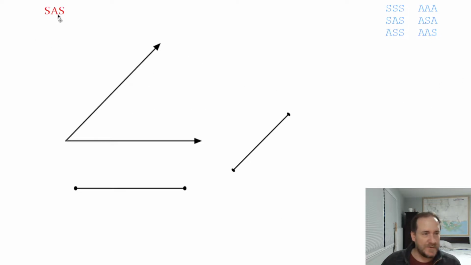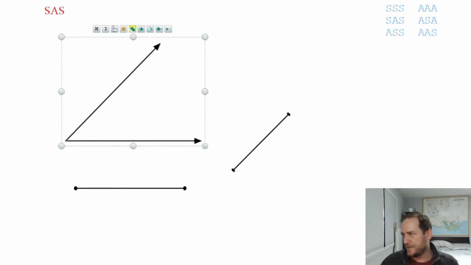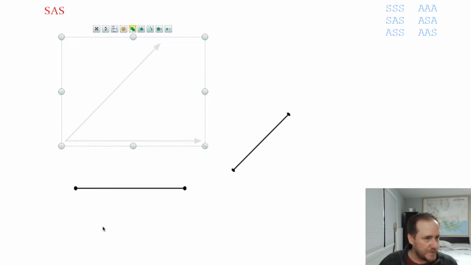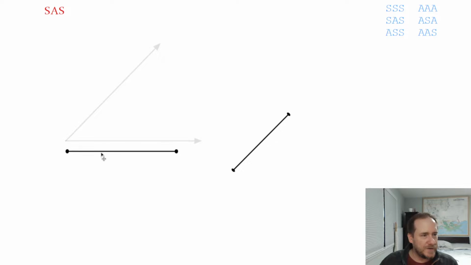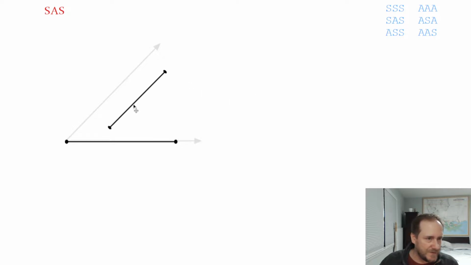Now we could do the same with side, angle, side. Okay, so for side, angle, side, I might kind of gray this angle out because the lengths here are not what's important, just the angle measure is. Now for side, angle, side, you'd have one of these sides running along this side of the angle. The other side would have to run along the other side of the angle.